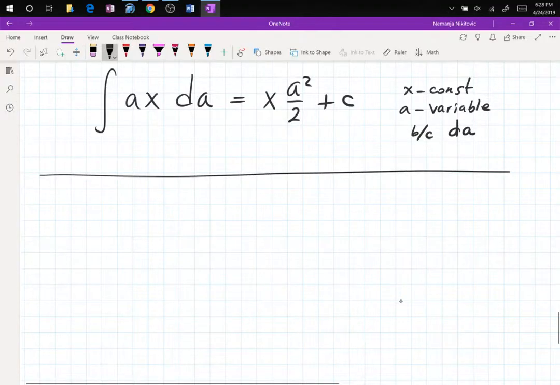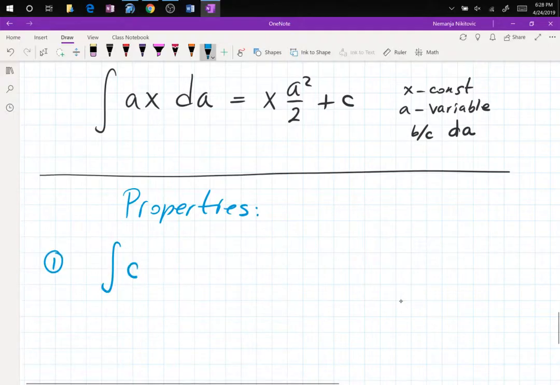The last thing over here before we do a whole bunch of examples would be some properties that would help you compute these further. So, properties. Number one, integral of a constant times a function dx, you can kick the constant outside.